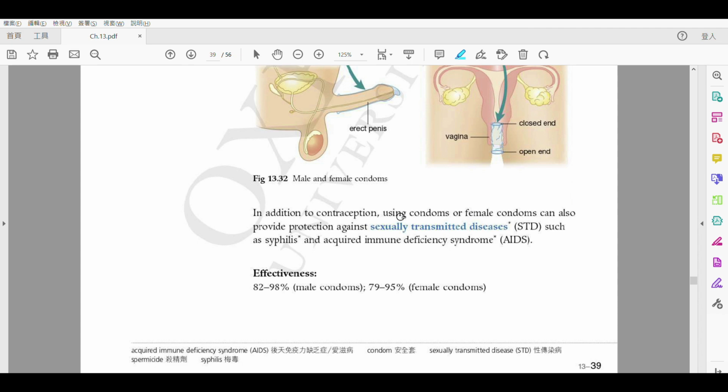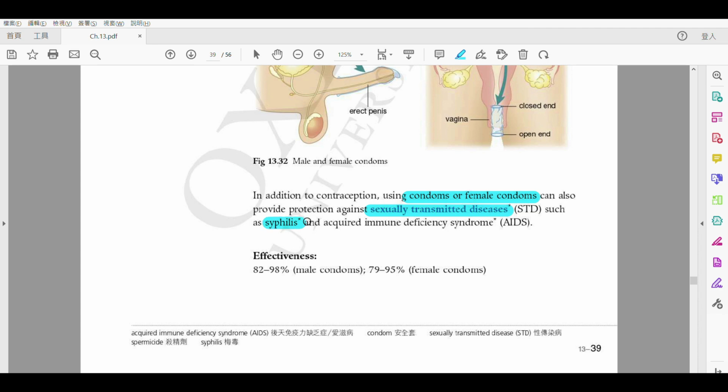Another thing is that using a condom can provide protection and prevent sexually transmitted diseases, STD. Sexually means transmitted through sex, and transmit means to spread. For example, syphilis, and AIDS, acquired immune deficiency syndrome, the HIV.